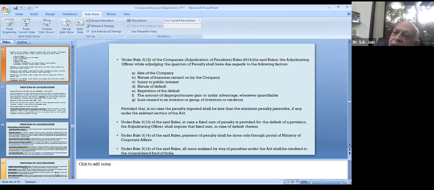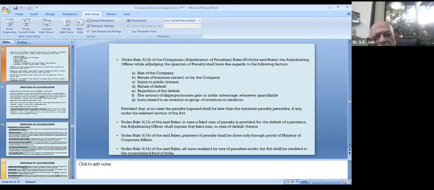Then, if there is repetition of offense, he has to take that into account. So the amount of penalty may be higher than in the case of a single-time offense. If there is a repetition of the same offense, then there may be a larger amount of penalty. In many cases, the ROC may use discretion, but he has more discretion if the minimum amount is not prescribed.